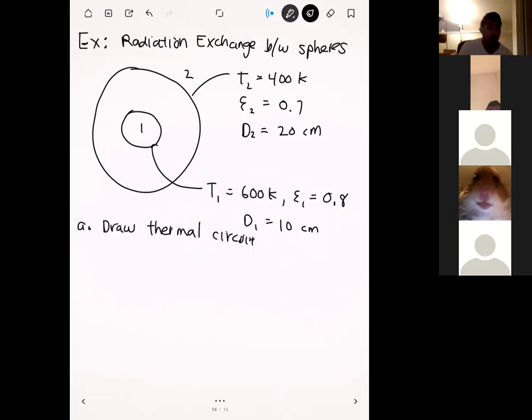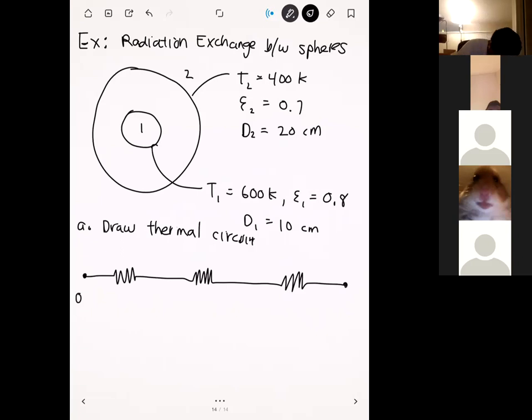All right, so let's start with the thermal circuit. We have just a 2-surface system, and for a 2-surface system, we can draw the exact same circuit that we drew before. For 2 surfaces, we have 3 resistances: one resistance for each surface, and then the exchange resistance in between them.